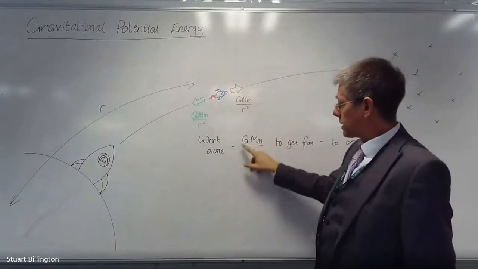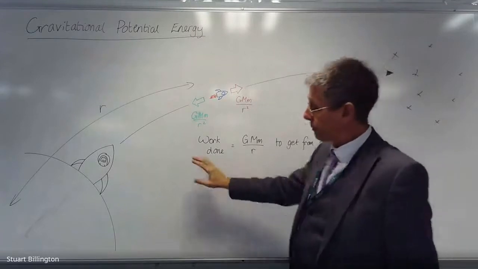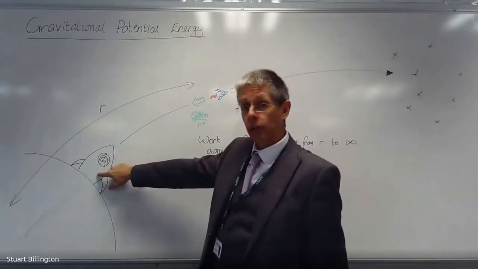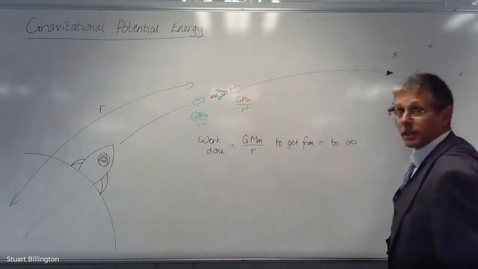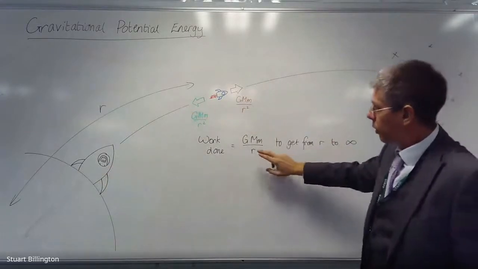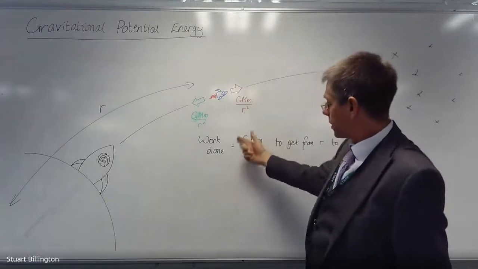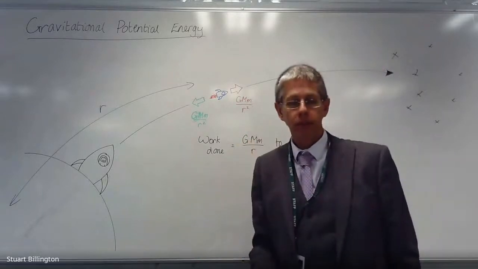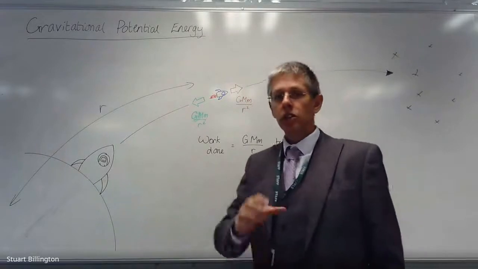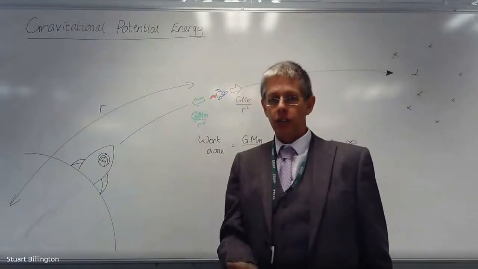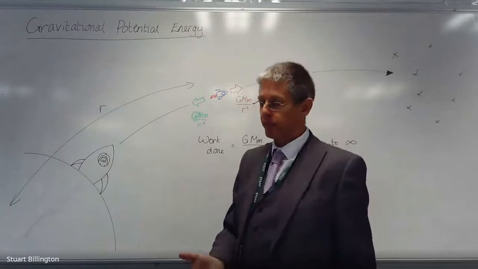And that will tell us how many joules of energy we need to put in the fuel tanks to get this rocket all the way to infinity. Now, although we could do that calculation, this will just come out as a very large number of joules and it will be meaningless to us. So actually, that's not the interesting bit to do next.